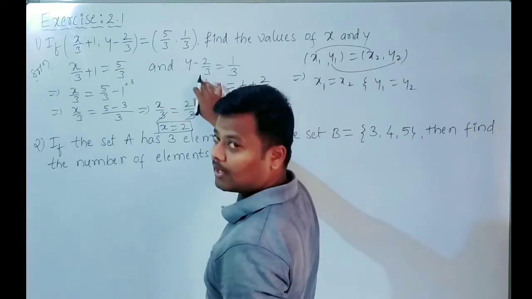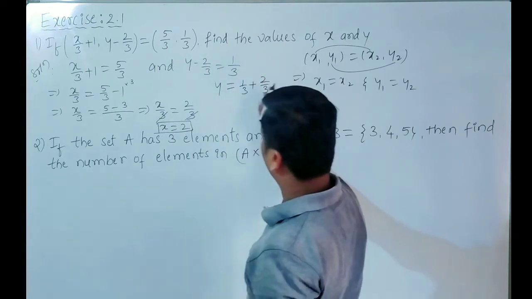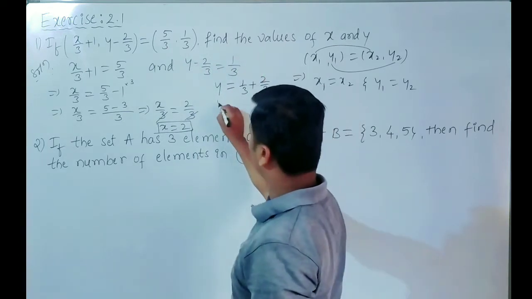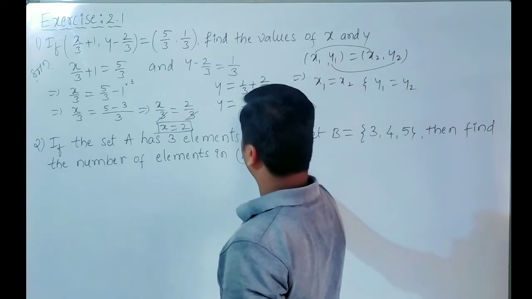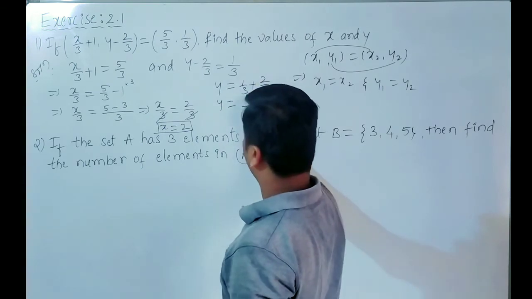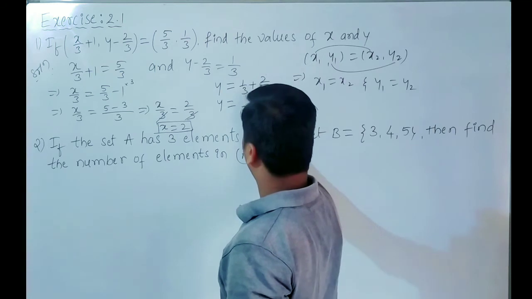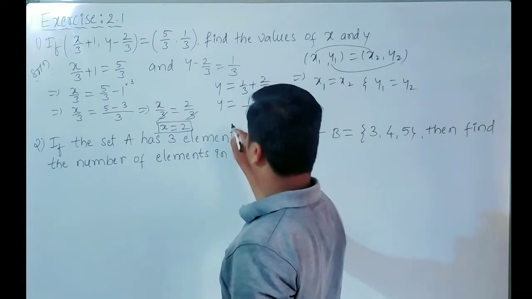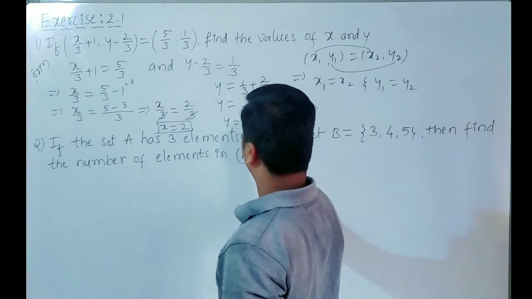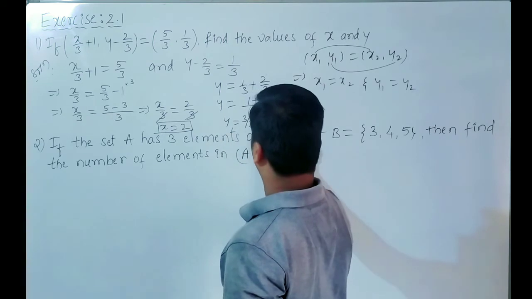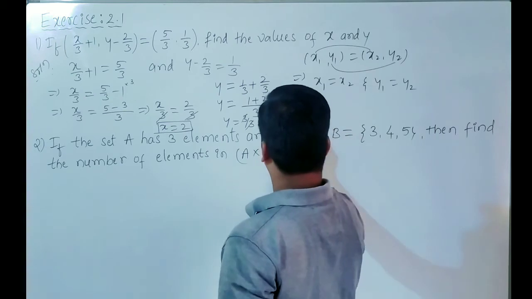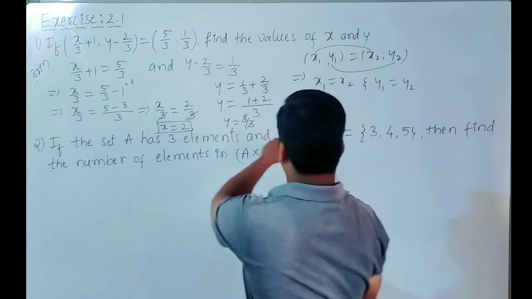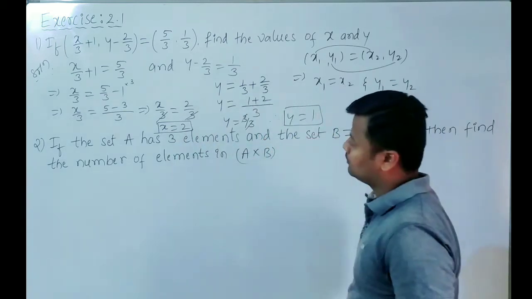The LHS term minus, when transferred to the RHS, becomes plus. So y equals, the denominator is the same number, so directly add the numerators: 1 plus 2, that is y equals 3 by 3. Therefore 3 cancels again, y equals 1. Therefore x equals 2 and y equals 1.